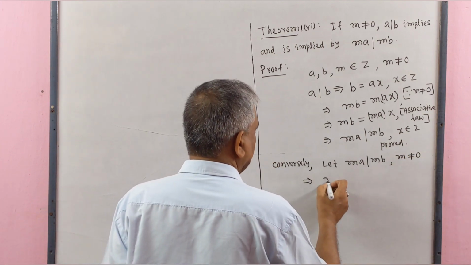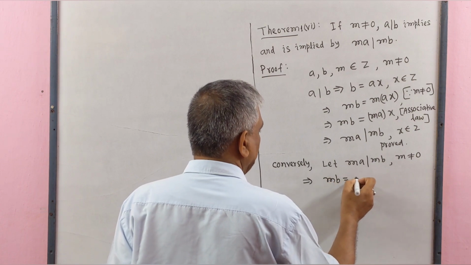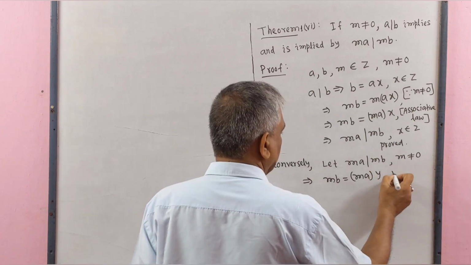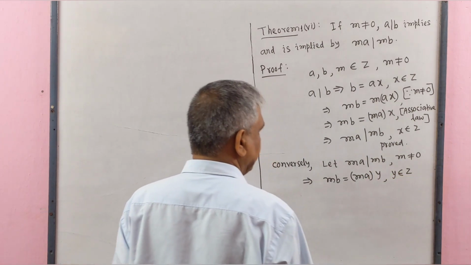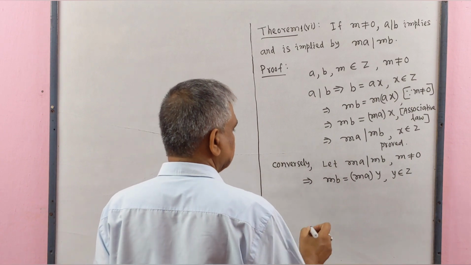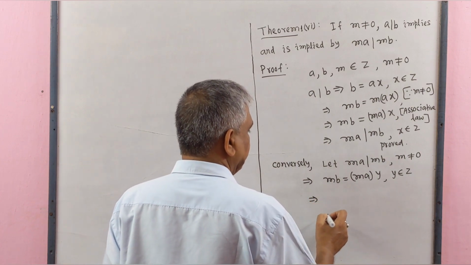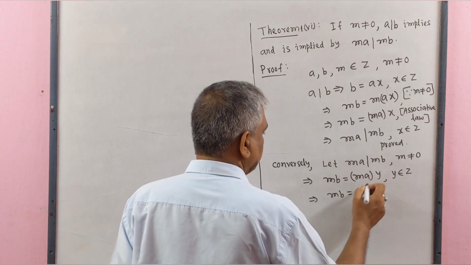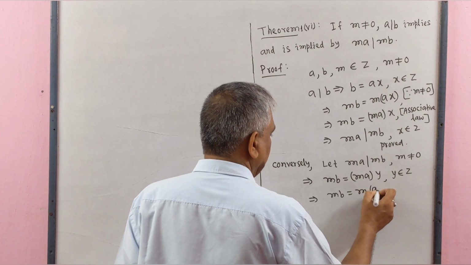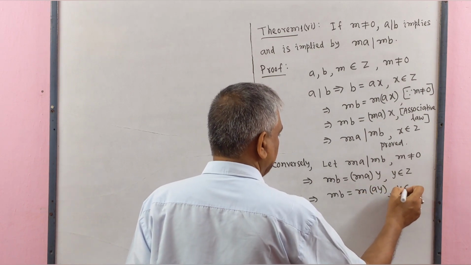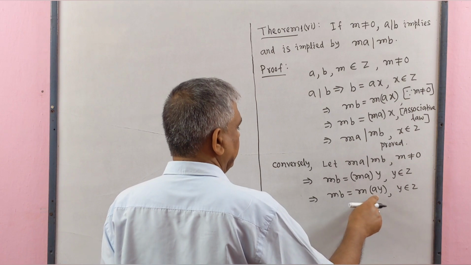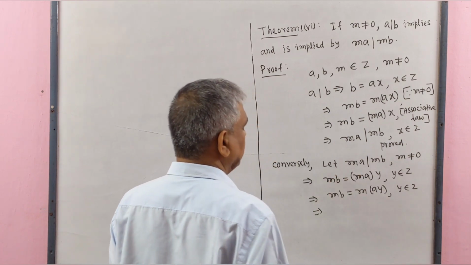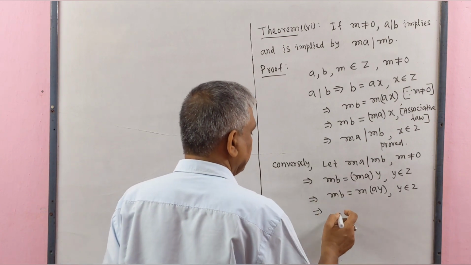This implies that MB equal to MAY, Y belongs to Z. By associative law, MB equal to M(AY), Y belongs to Z. And since M is not equal to 0, the cancellation law holds.